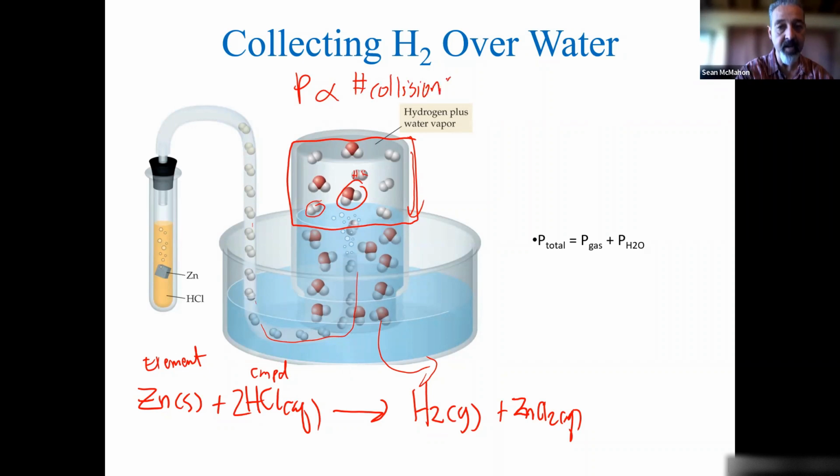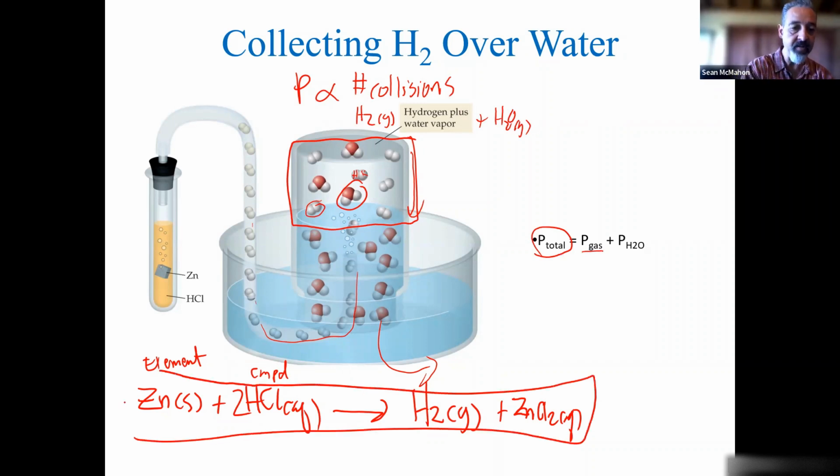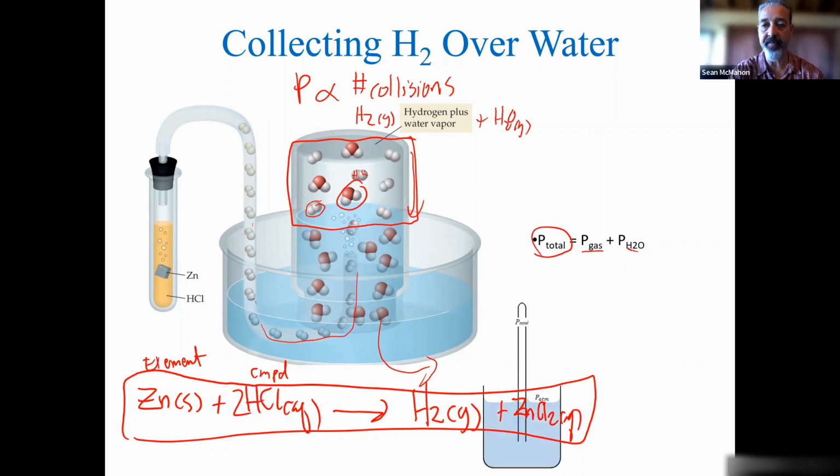Some of those collisions are going to be from H2, but some of them are also going to be from the H2O. So the total collisions are the collisions from the hydrogen that I'm producing in this balanced equation, and the water that normally vaporizes. And the reason this is occurring is because I'm collecting it over water.